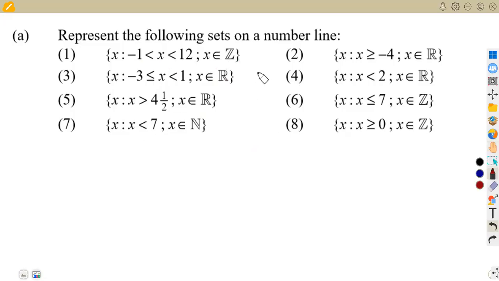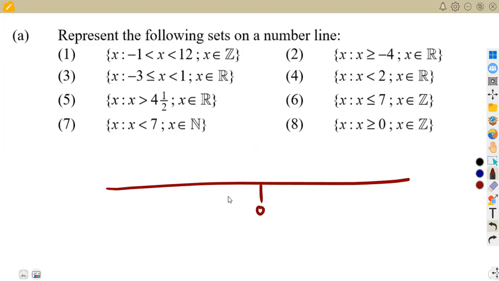So remember, a number line is just a presentation from our 0 point. On the left side, we go to the negative. To the right is the positive. So this is just like -1 to the negative side, -1, -2, -3, -4, and to the right, that's +1, +2, +3, +4, and so on.